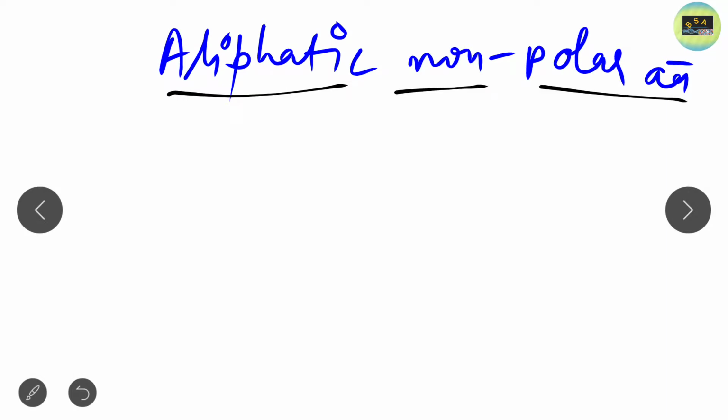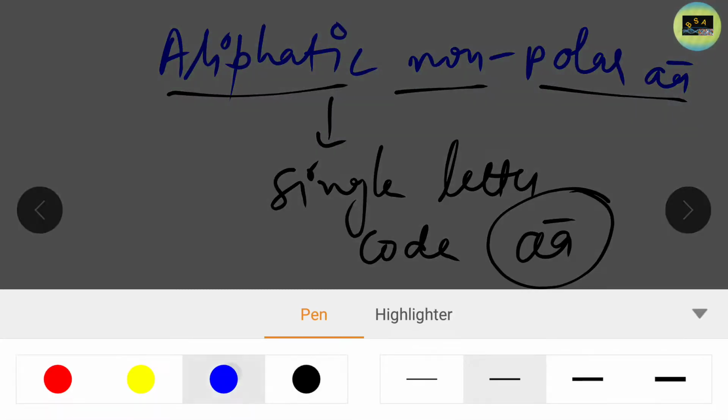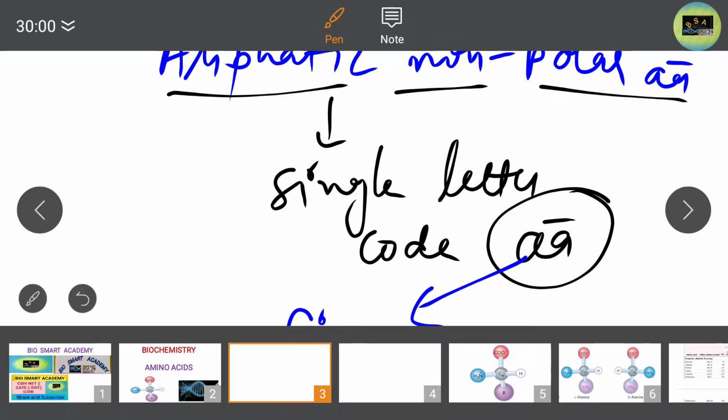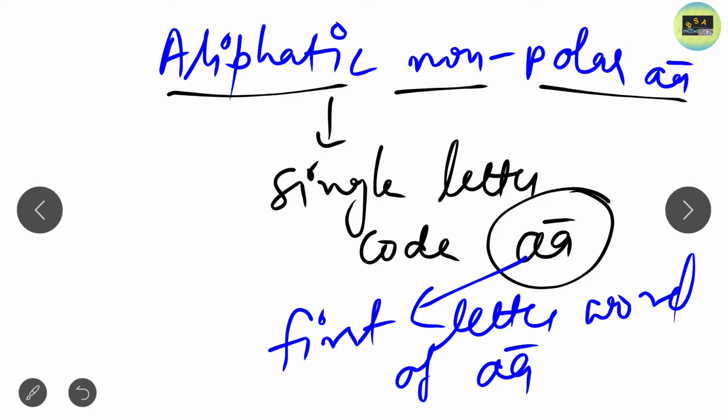And you observed one thing: in all the aliphatic non-polar amino acids, the single letter code of the amino acid matches the first letter of the name of the amino acid. So this is the trick.